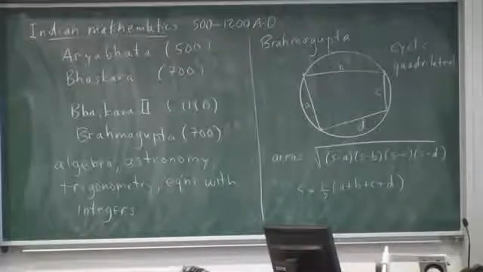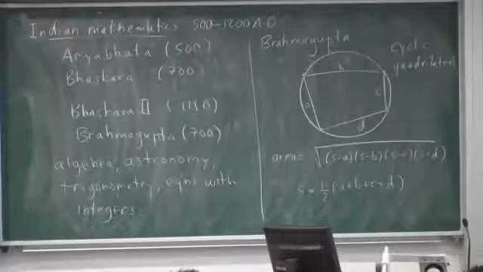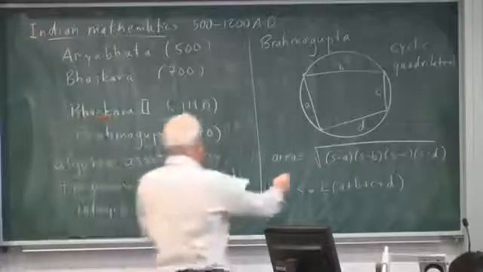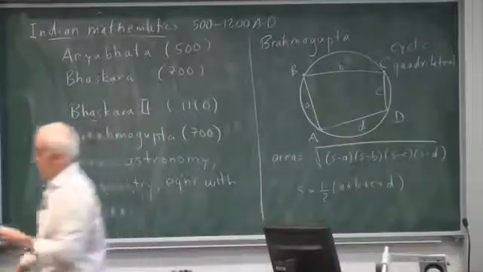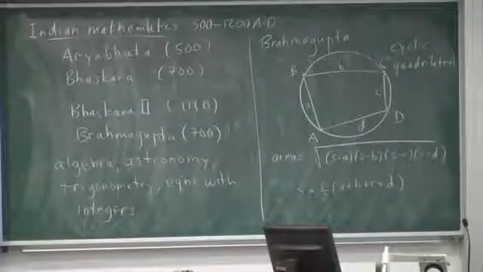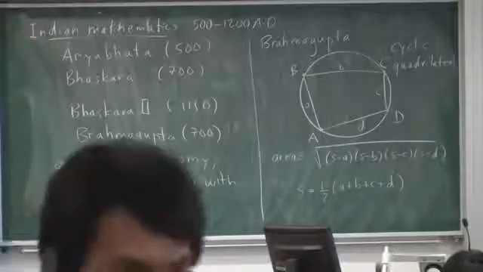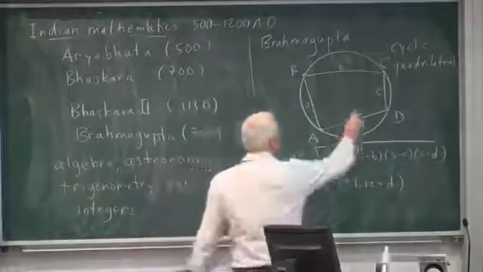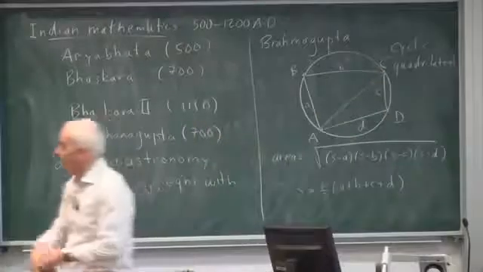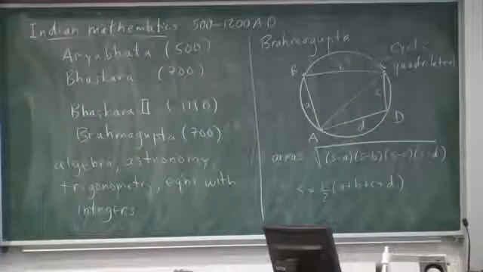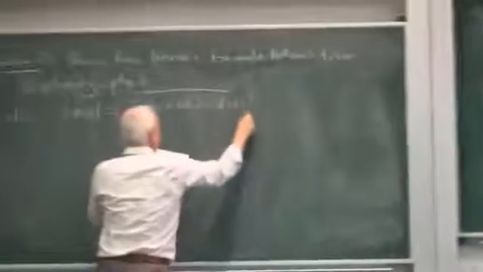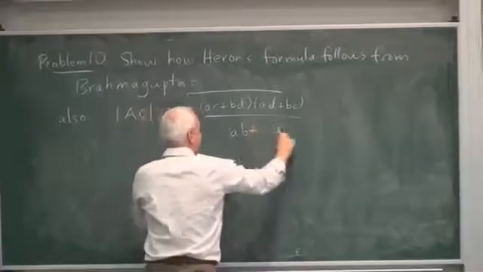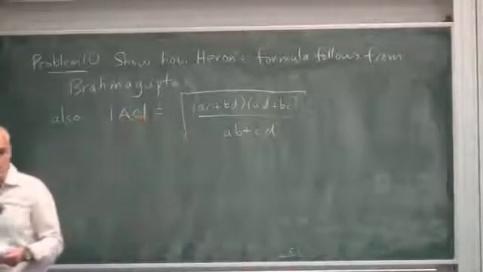He also proved another remarkable formula having to do with that diagram. He proved that if we label these vertices capital A, capital B, capital C, capital D, the length AC, the diagonal there, is given by the expression (AC plus BD)... (AD times BC) divided by (AB plus CD), which seems to me a very lovely formula.